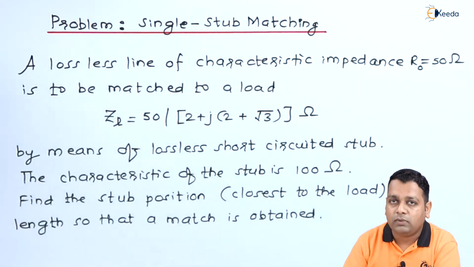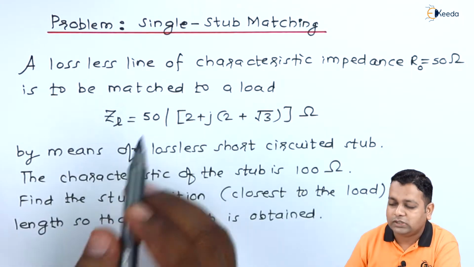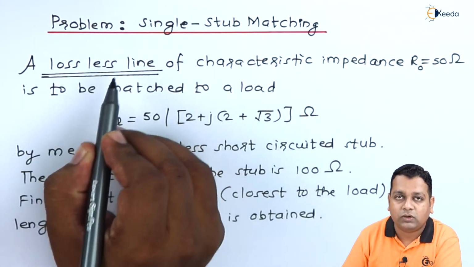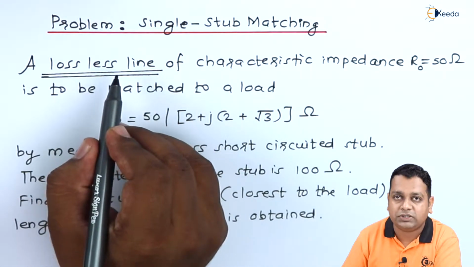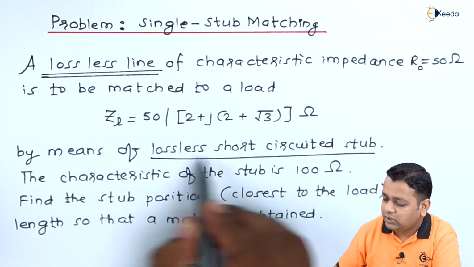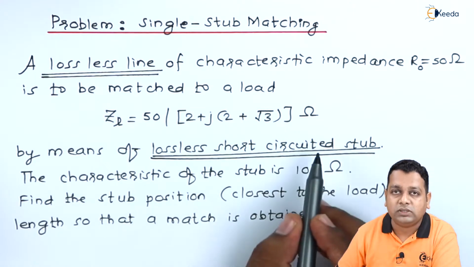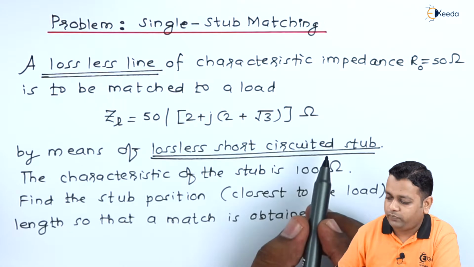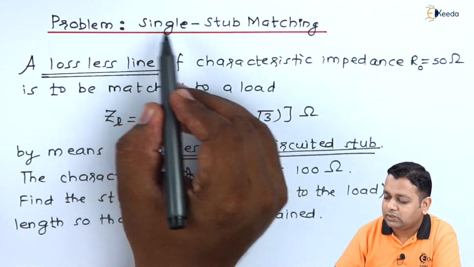Now looking at the problem statement, we come to know that for the given transmission line, which is of lossless type, a lossless transmission line is under consideration. We have a lossless short circuited stub. This is the single stub we are using for the purpose of matching. Hence the problem of single stub matching.